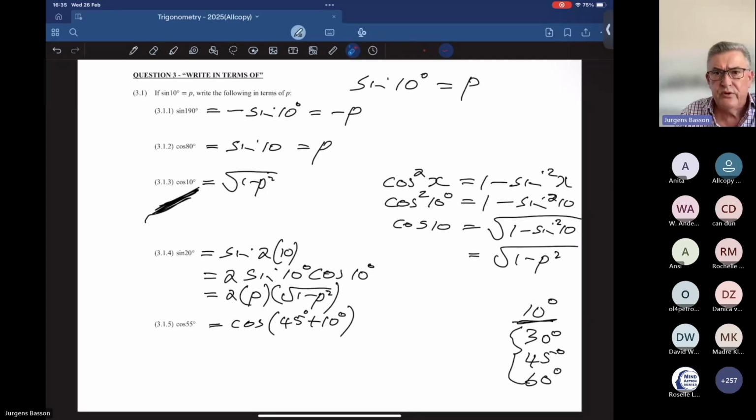Part of that syllabus, we also did compound and double angles, but we also did half angles. If you now say sine of 10 is p, find the cos of 5, you now move to half angles. It is possible to do it, but it's not so straightforward. It's quite a high-level question.